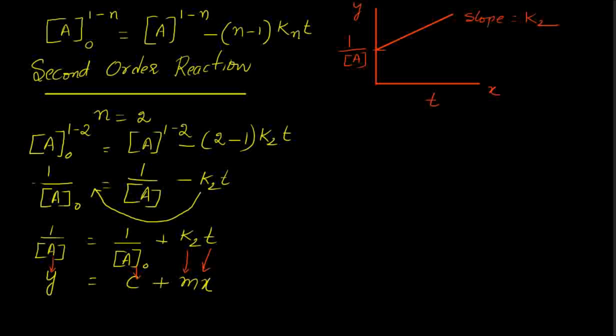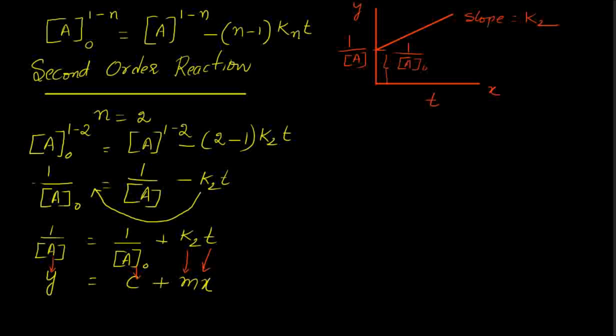Here the intercept is 1 by a naught. This is the graph related to second order, 1 by a versus t. So this is the positive slope, that is the intercept, and the slope gives the k2.